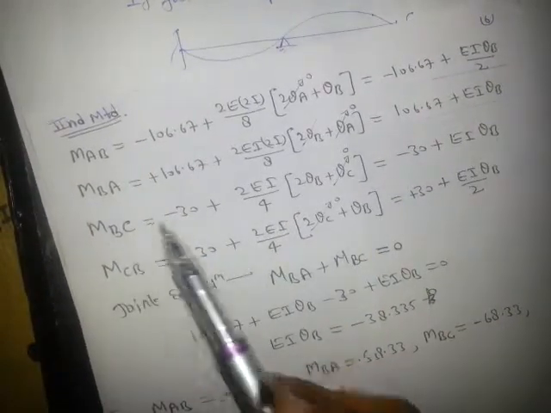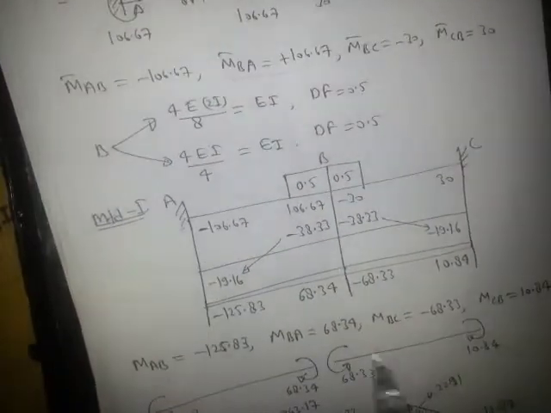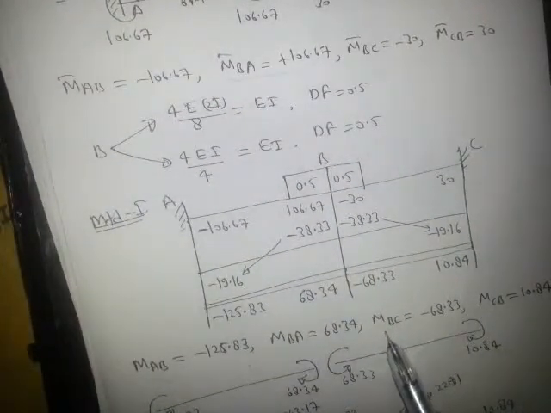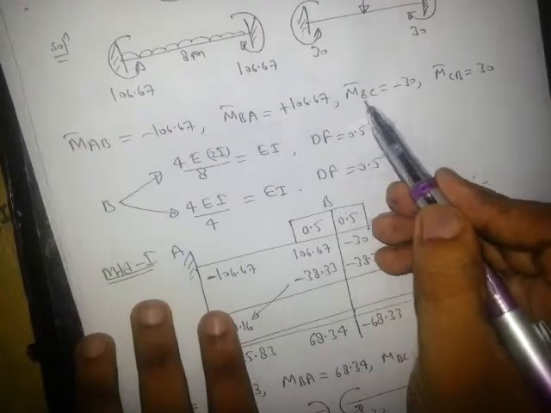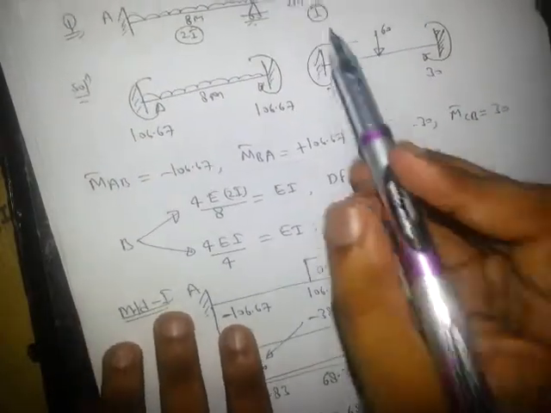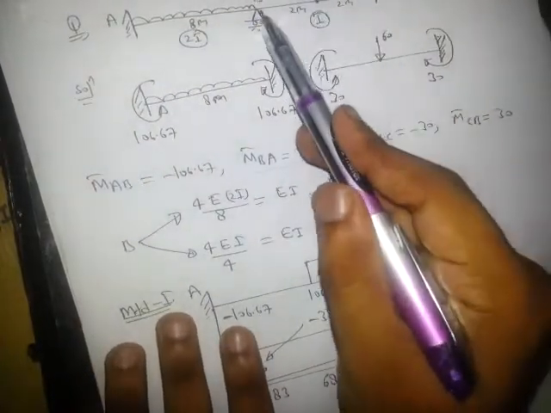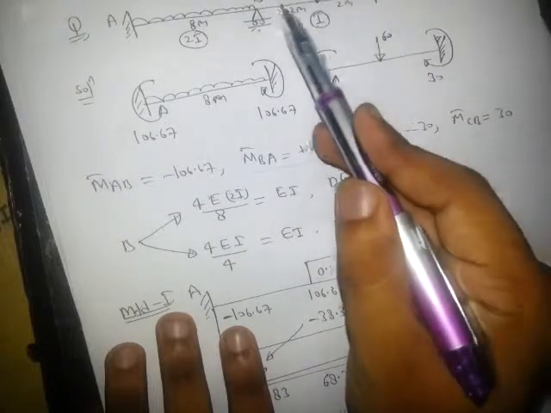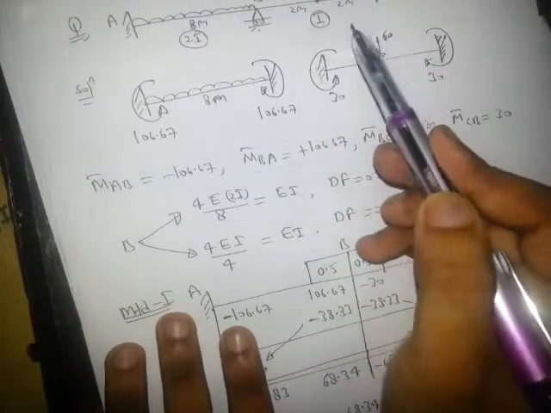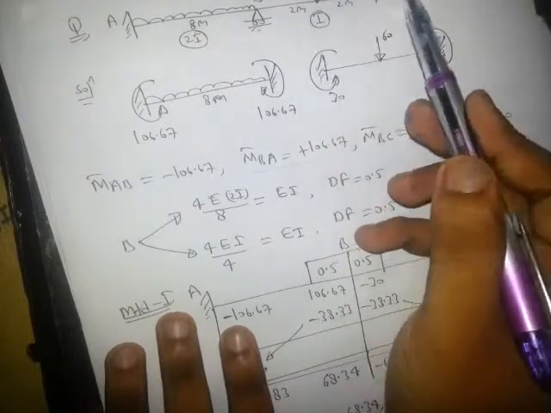Now similarly MBC will be M bar BC, MBC equal to M bar BC, minus 30, plus far end is fixed, 2 EI divided by L, 2 theta B plus theta C minus 3 delta divided by L, right?